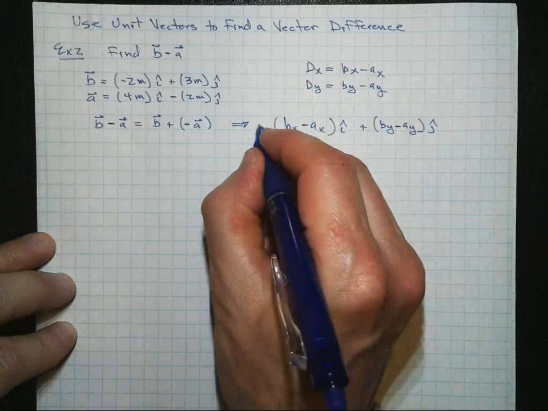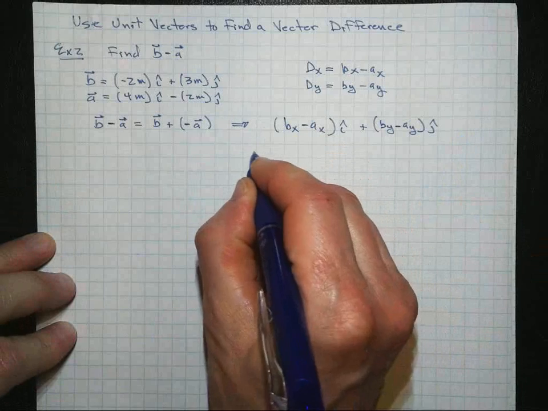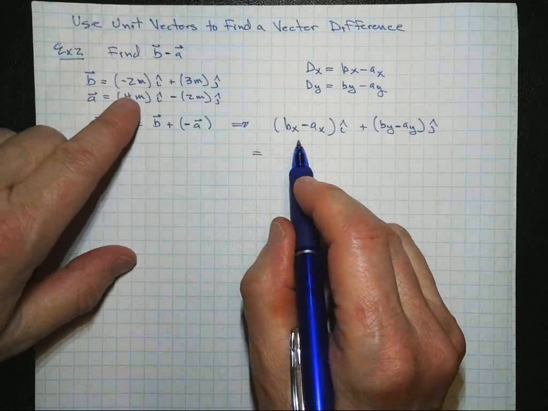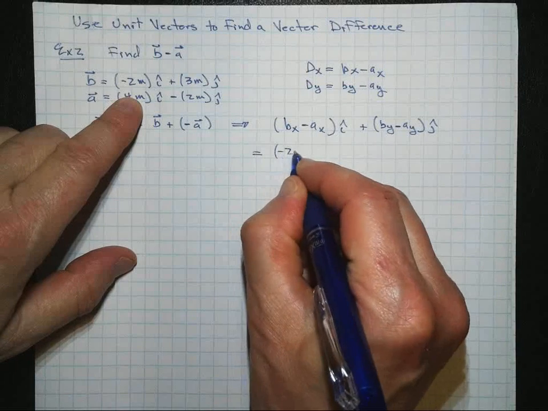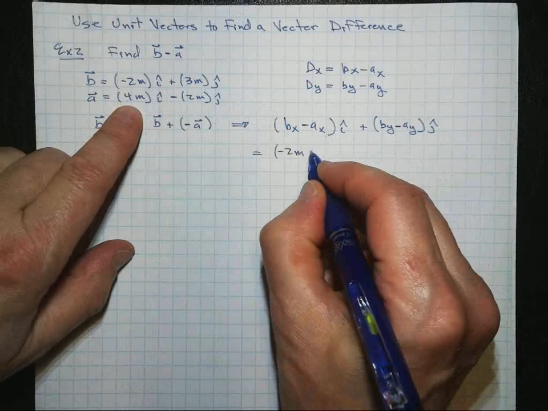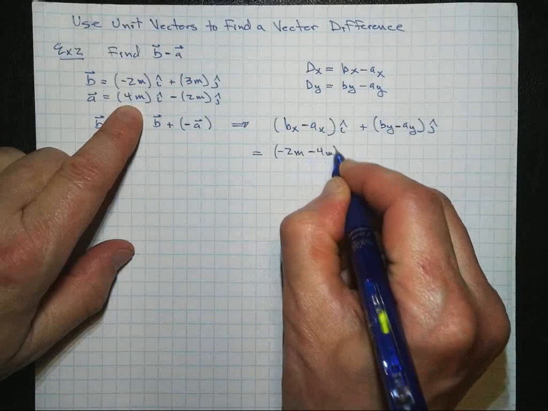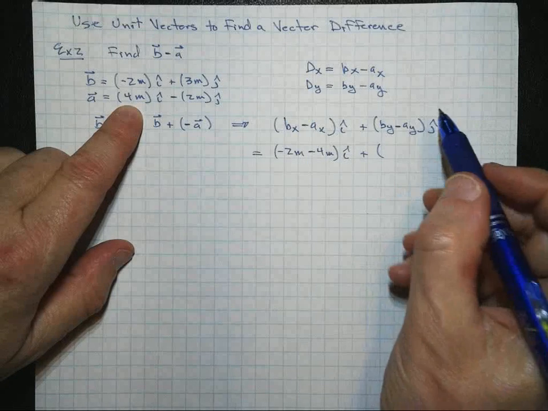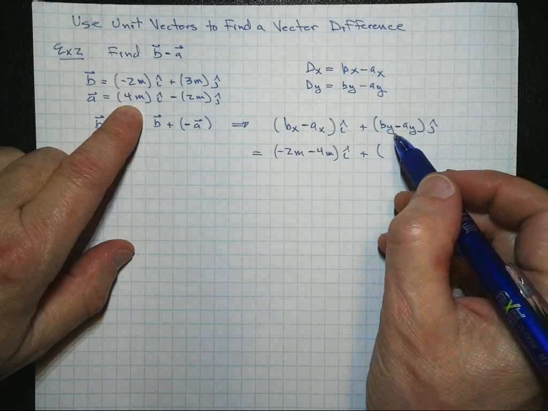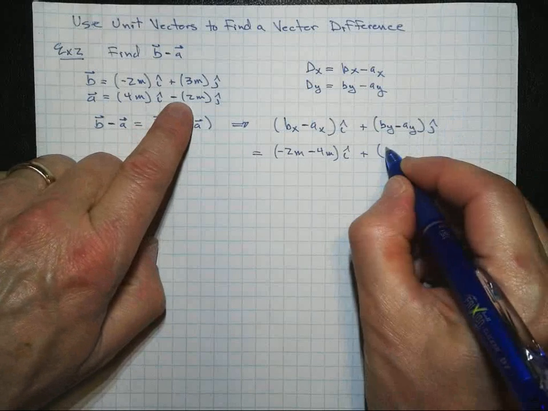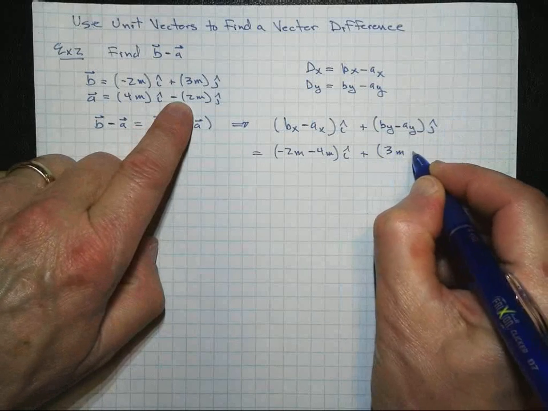Working out the numbers, we take bx, and look carefully here, this is minus 2 meters, minus ax, so we subtract the 4, minus 4 meters, and that's going to be i hat. For the y part, dy of the difference, we take by, which is 3 meters, and subtract ay.